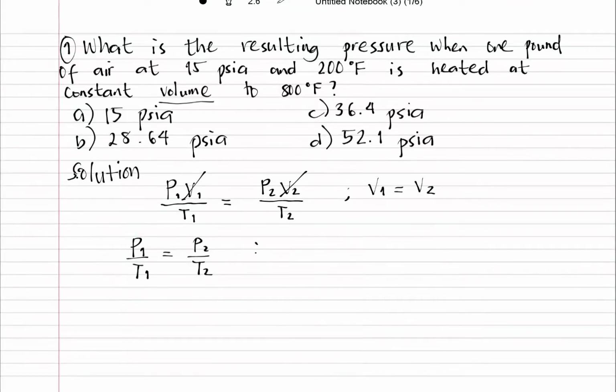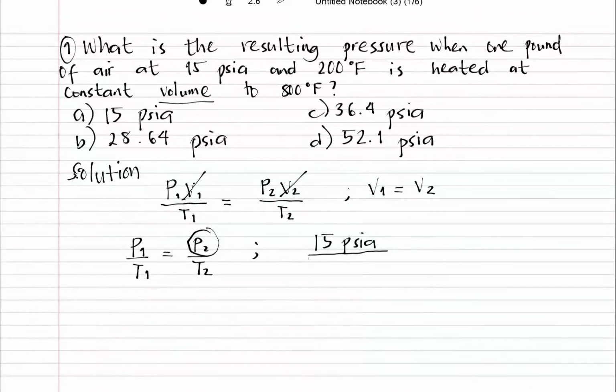So may mga binigay naman dyan na values, substitute lang natin guys. Resulting pressure ang hinihingi, so meaning ito ay P sub 2, the pressure at point 2. Meron kang P sub 1 na 15 psia. So 15 psia all over T sub 1, which is absolute temperature at point 1.